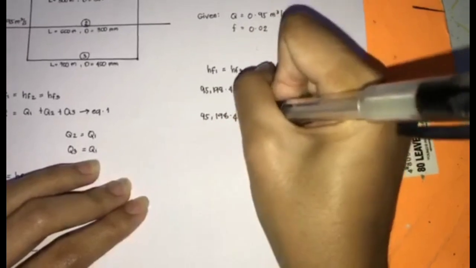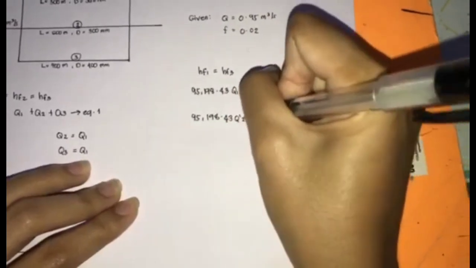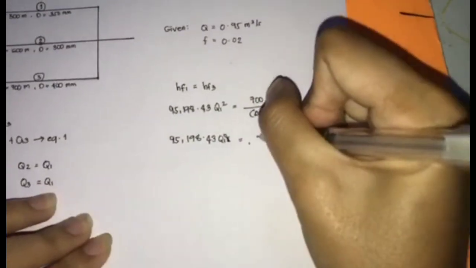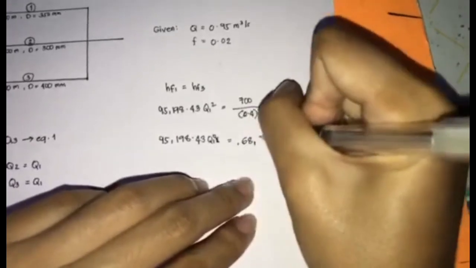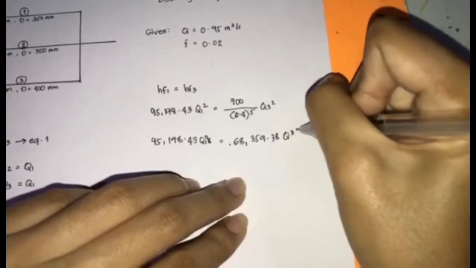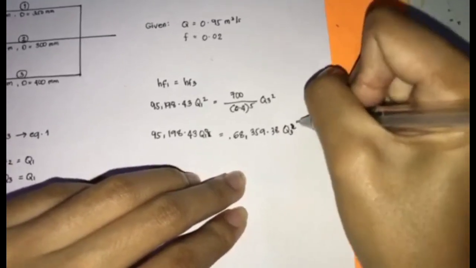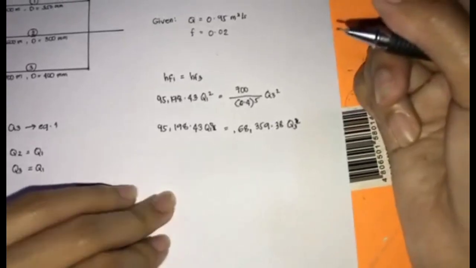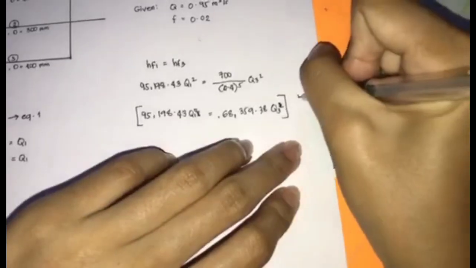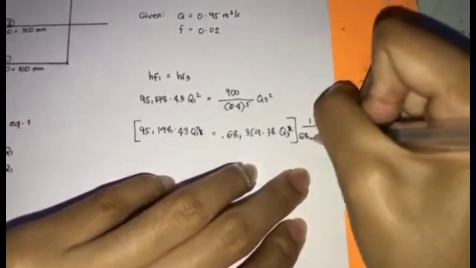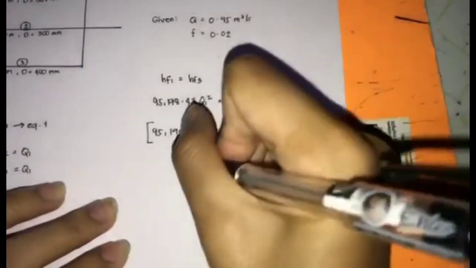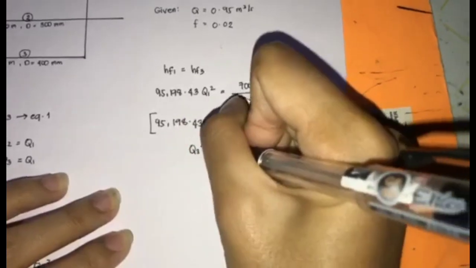So plug in the value in the calculator, we get 68,359.38 Q sub 3 square. So to get the value of Q3 in terms of Q1, we divide both sides by 68,359.38.